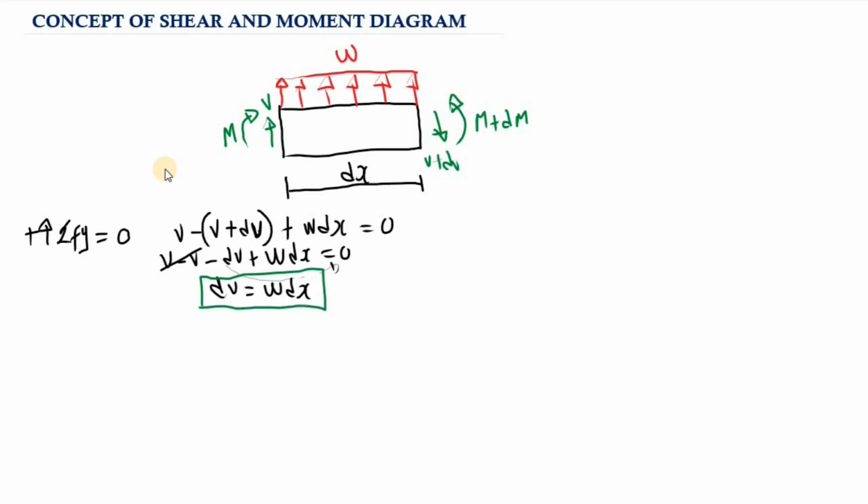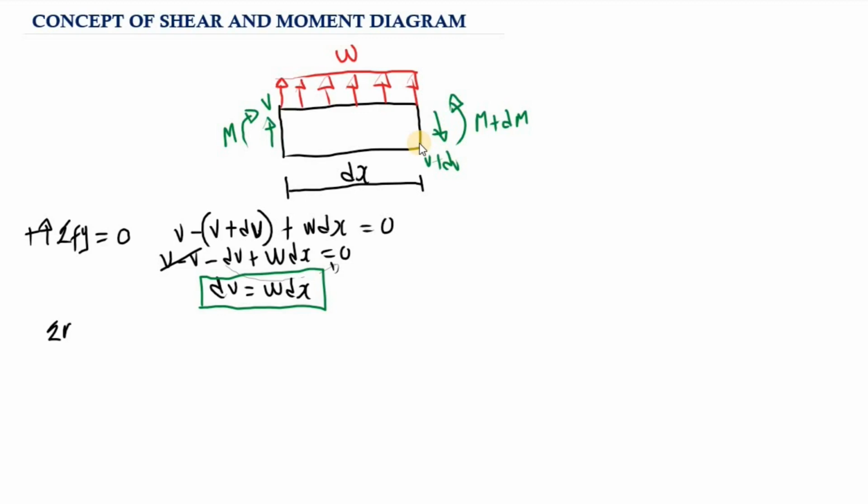So now let's calculate the value for dM. How can we calculate the value for dM? What we are going to do is take the summation of moments either on the left side or on the right side, and equate this to 0. So I'm going to take the summation of moments on the right side, and this is equal to 0.